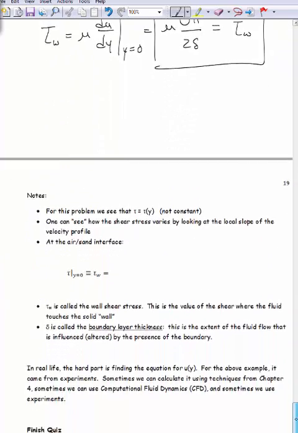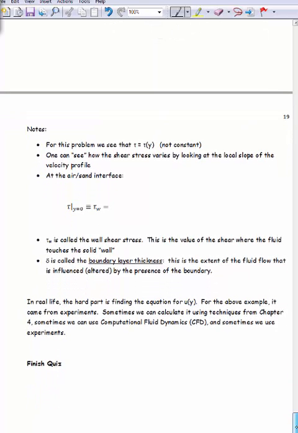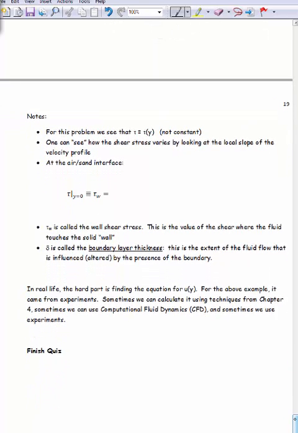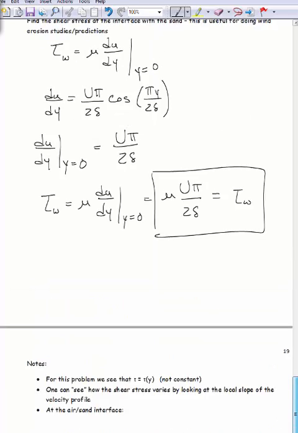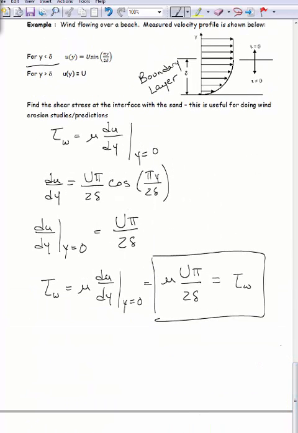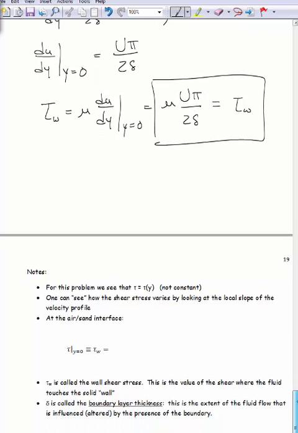A few notes on the strain rate in this particular problem. Notice that if you calculate tau not just at y equals 0 but by plugging into this equation, it's going to change as we go out. It's going to be maximum at the wall.